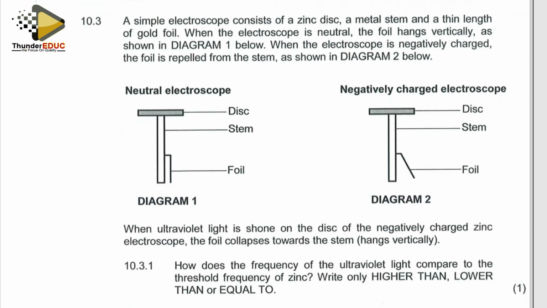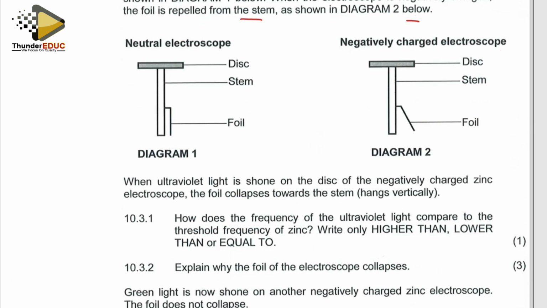Then 10.3, we're being told that a simple electroscope consists of a metal stem and a thin length of gold foil. When the electroscope is neutral, the foil just hangs back, as shown in the diagram. When the electroscope is negatively charged, the foil is repelled from the stem, as shown in the diagram.